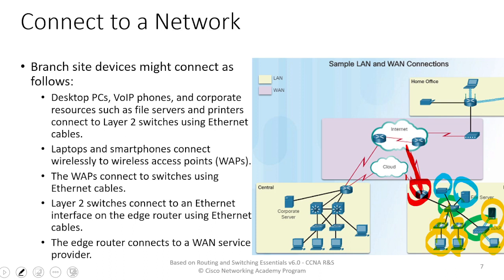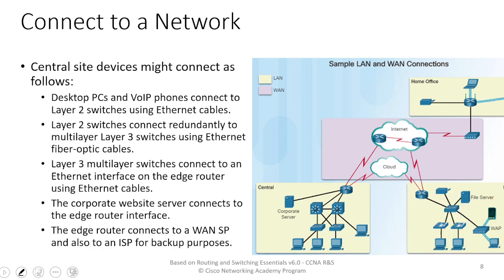Then, if we think of this organization as not a standalone organization, but a branch organization of some other large enterprise, it is also possible this branch organization connects back to the large organization's internal network or to their private network.